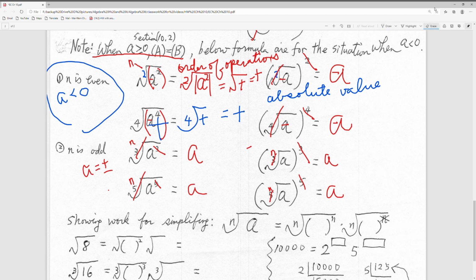So let me erase all the work here and then let me show you what you do. Let me talk about when A is positive first and then go back to negative.